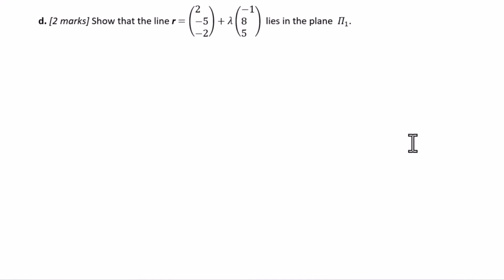Let's go to D. Show that the line lies in the plane pi1. We got pi1: 2x minus y plus 2z equals 5.